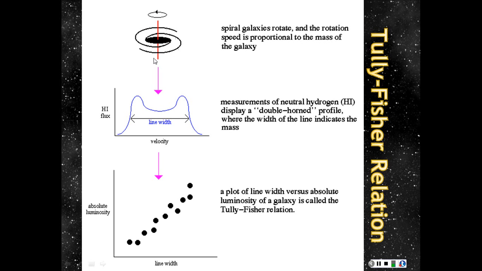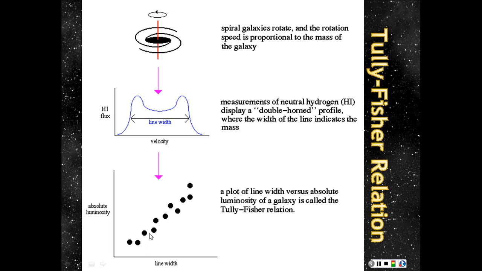And then, since we can measure the distance to galaxies using Cepheids, using main sequence fitting, and using supernovae, we can show that this width is correlated very well with the absolute luminosity. So what is the total brightness of a galaxy? How wide is this line? And if we plot them again, we get a really nice correlation.